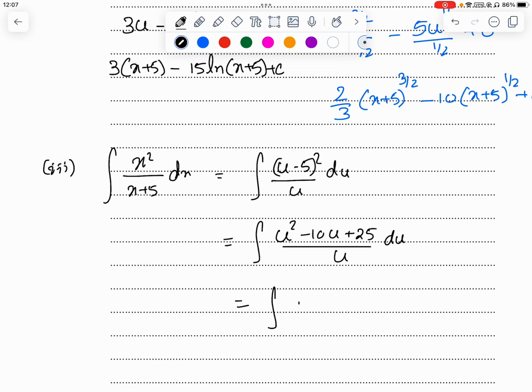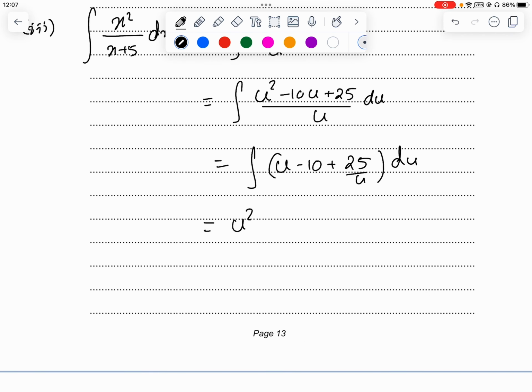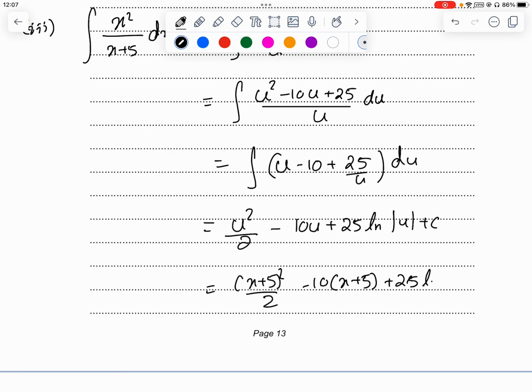So it becomes u minus 10 plus 25 upon u du. So it becomes u square upon 2 minus 10u plus 25 ln u plus c. So it becomes x plus 5 whole square upon 2 minus 10 times of x plus 5 plus 25 times of ln of x plus 5 plus c. That's going to be the answer.